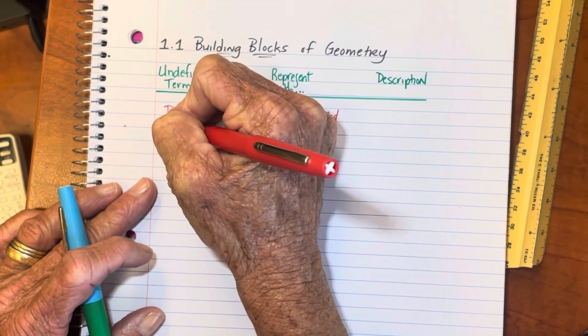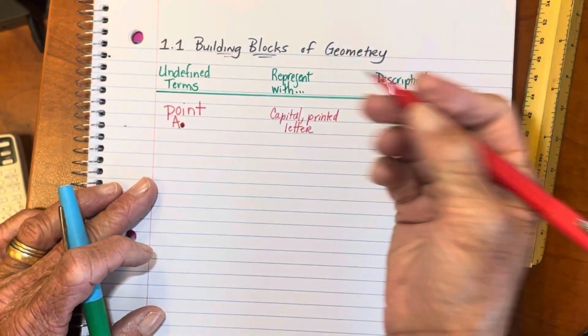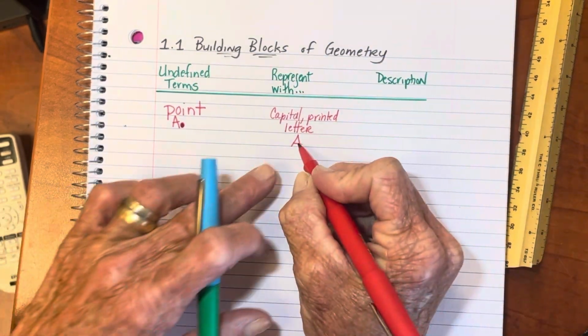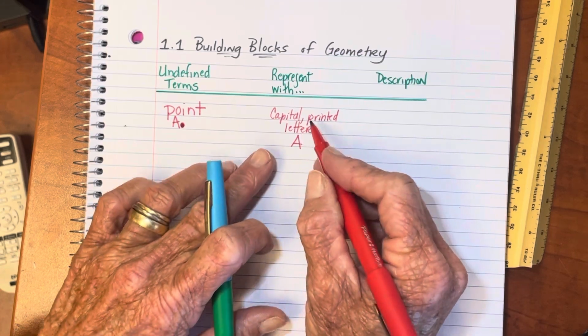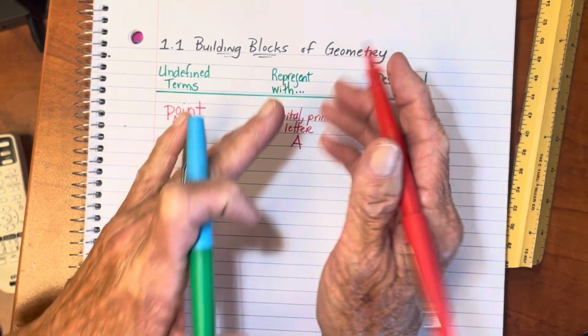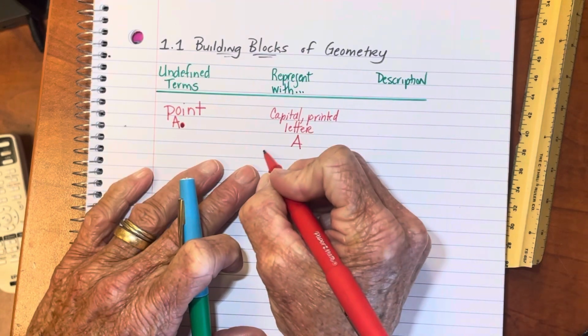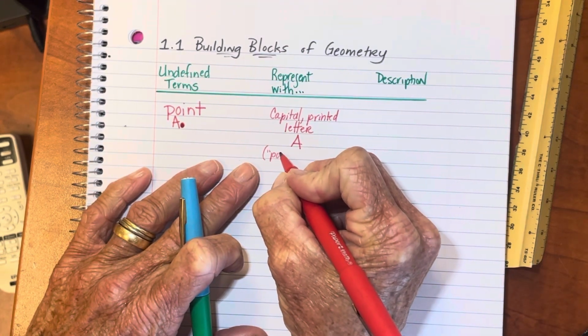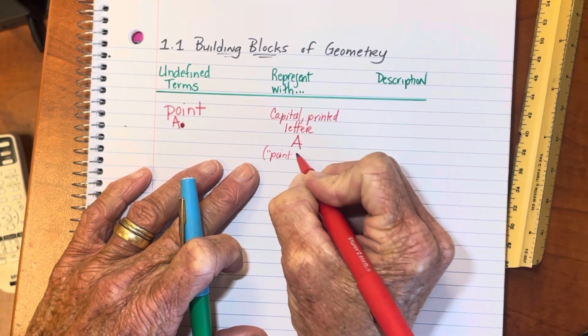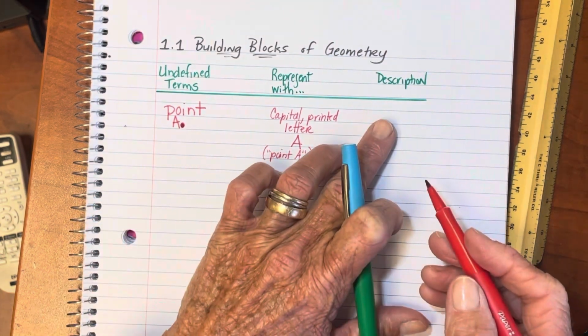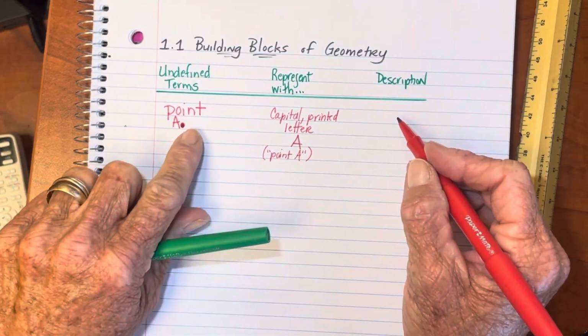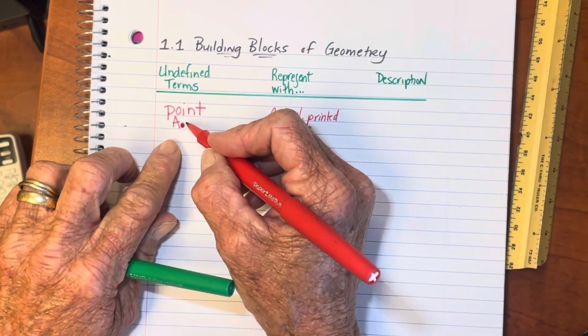So over here, this might have a letter next to it, and if I just write A, by default, I'm going to read that as point A. When you see a capital letter all by itself in geometry, that means it's a point. So we would read this as point A. That's what we would say. And what do we know about a point? Well, like I said, it doesn't matter how large I make this point.